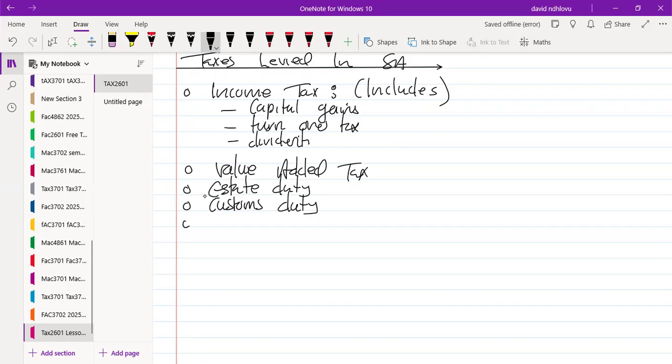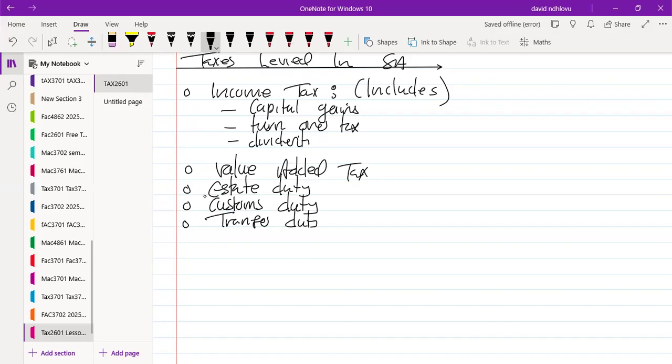That's customs duty. There is also transfer duty. When you transfer a capital asset from one individual to the other or from one company to the other, SARS will levy a duty on that.